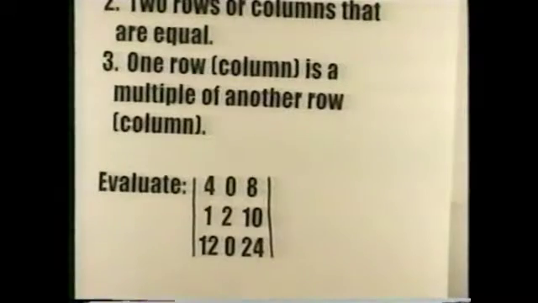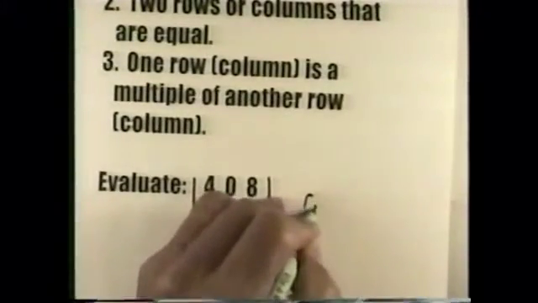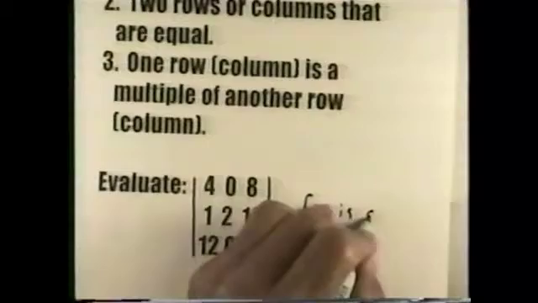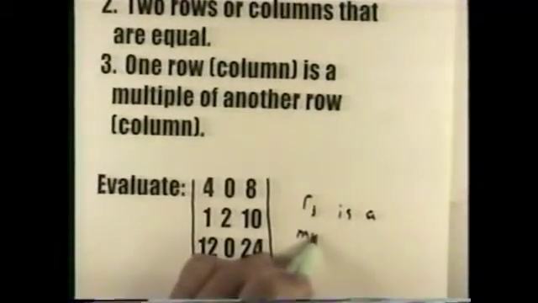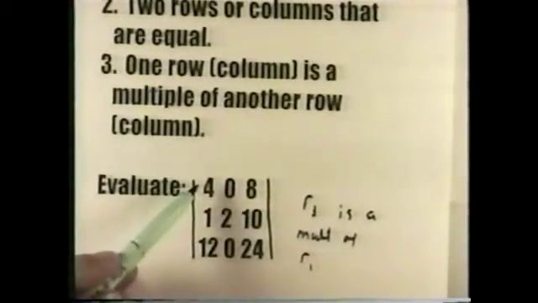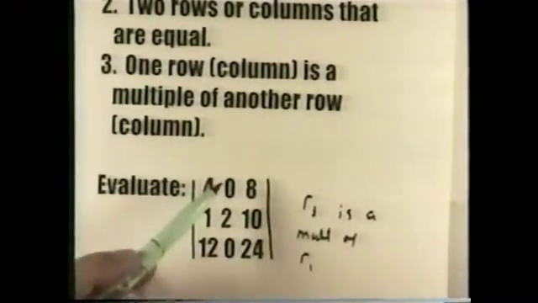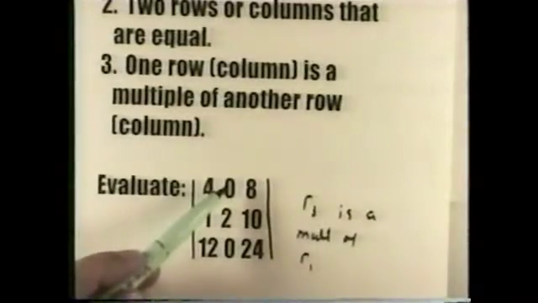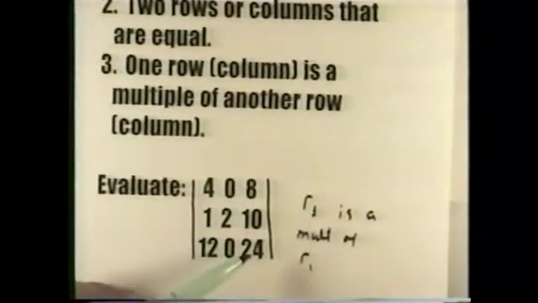Example: if A equals 4, 0, 8, 1, 2, 10, 12, 0, 24. I can notice that row 3 is a multiple of row 1. 4 times 3 is 12. 0 times 3 is 0. 8 times 3 is 24.